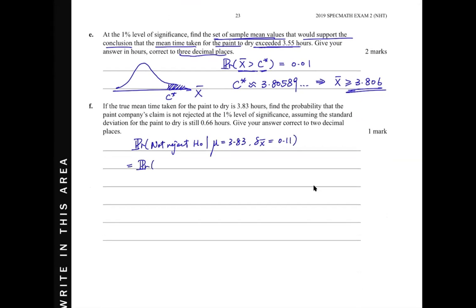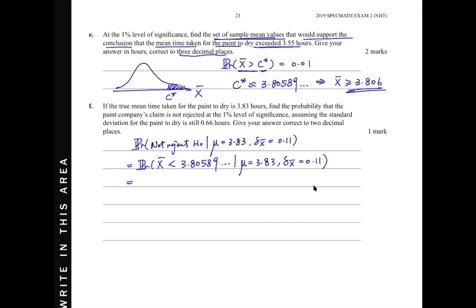So probability X bar smaller than 3.80589, given that mu is 3.83, sigma is 0.11.